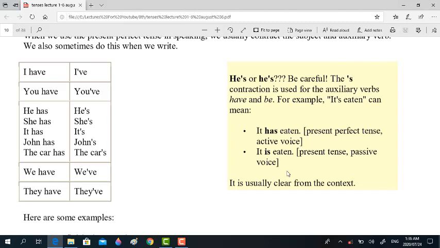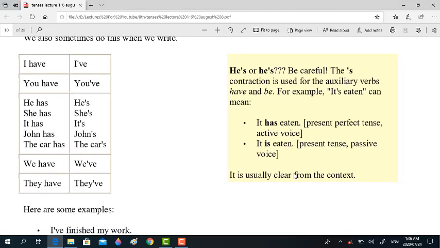So your context guides you. It is usually clear from the context what the speaker is talking about, and that will tell you whether the contraction has been used as present perfect tense or simple present, right?